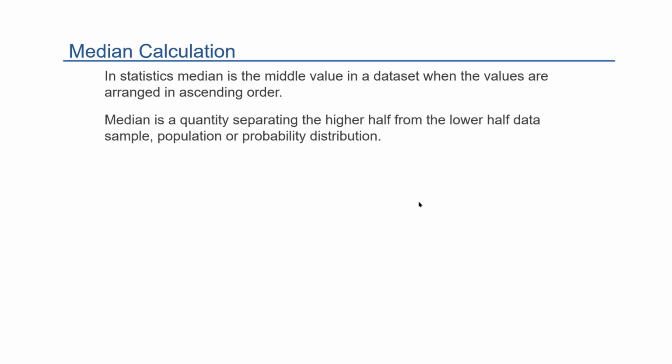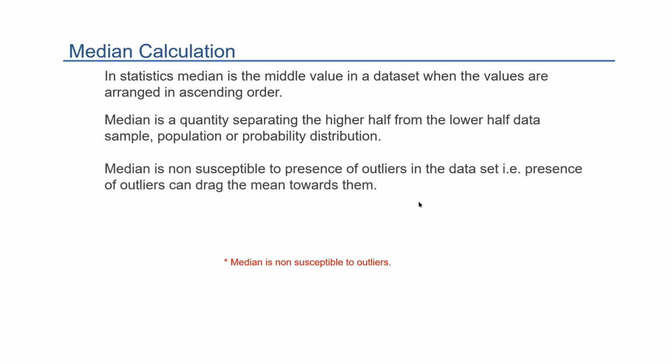Median is a quantity that separates the higher half from the lower half of the data sample, population or probability distribution. And medians are not susceptible to outliers because they are not calculated by addition or anything; they are calculated just by the position of the middle value.